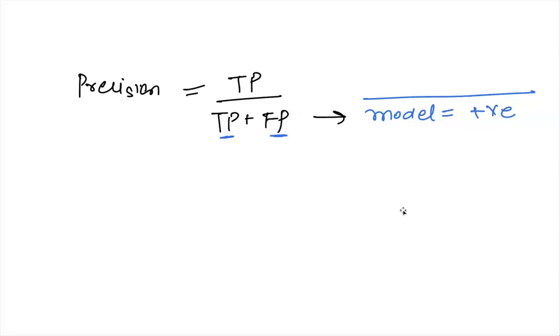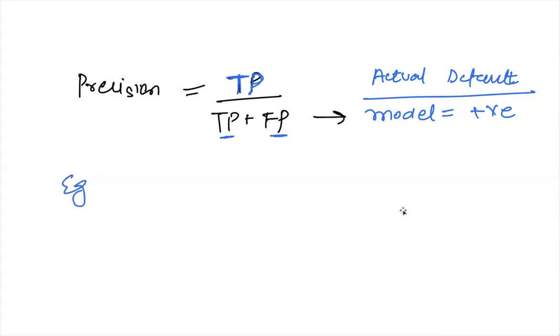But true positive means the model predicted positive, and actually there was also positive. So this is what precision means. It means of all the people your model said will default, how many actually defaulted?